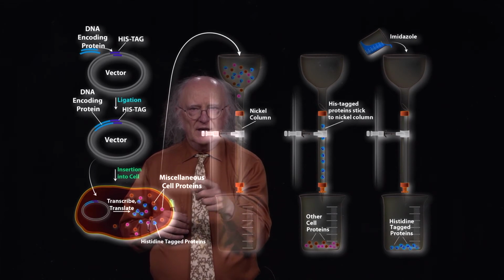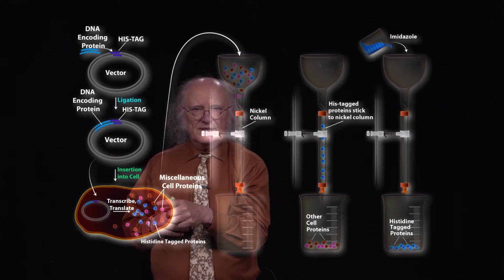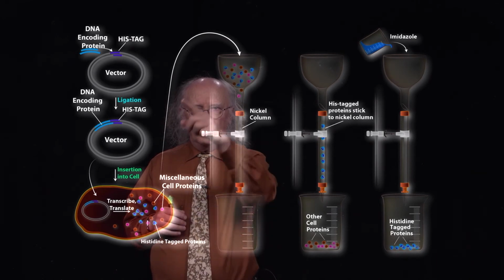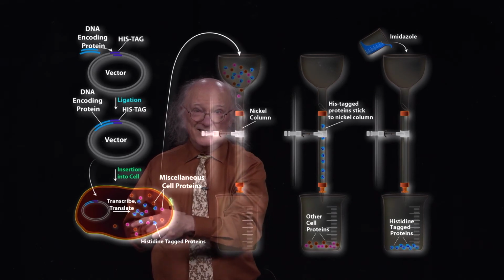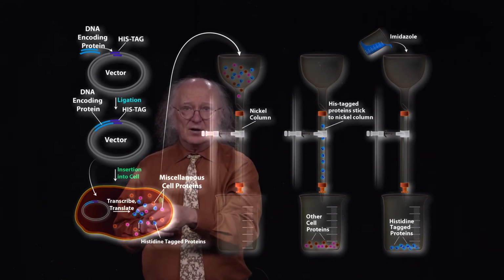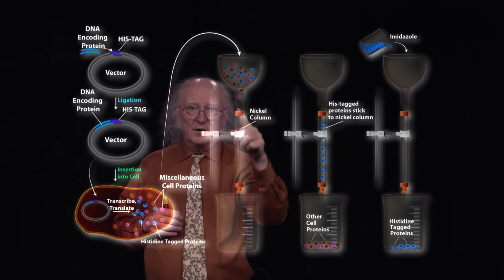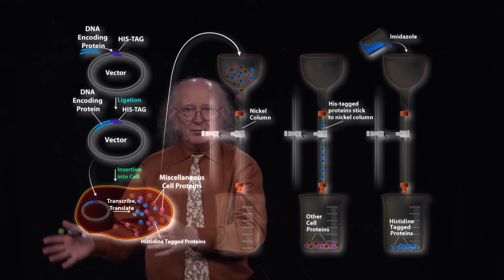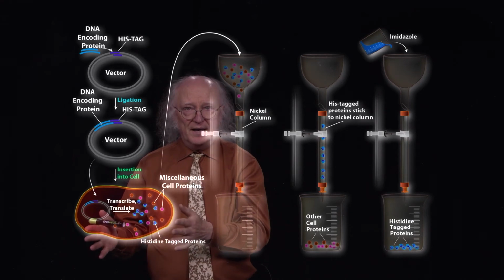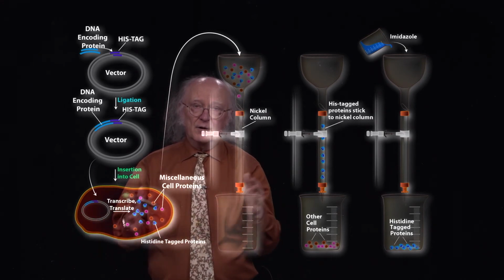Any proteins that are made in this cell that have those histidine tags on them are going to be loaded onto the column and bind to nickel, whereas all those proteins that don't have histidines on them are going to go into the column and pass through it. So in essence, I will have separated the proteins that bind to nickel from those that don't.